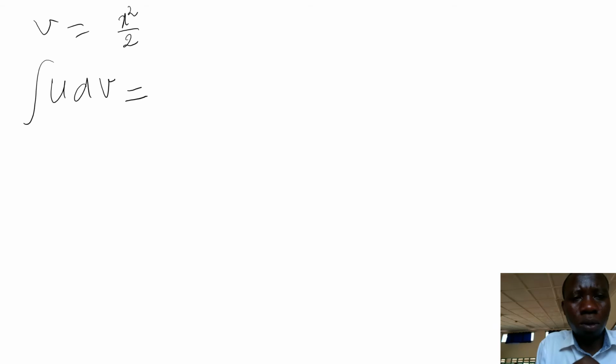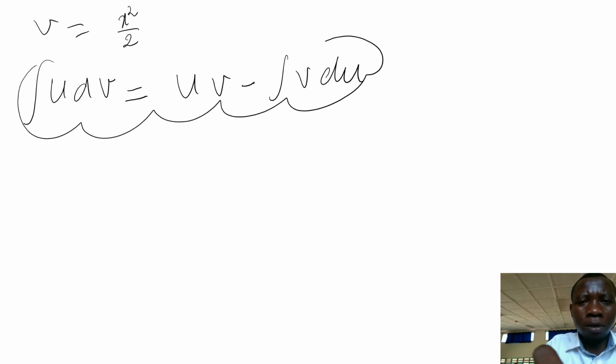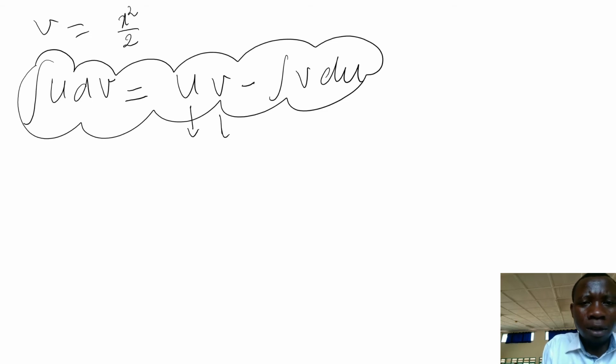So the formula of integration by parts is the integral of u dv is equal to uv minus the integral of v du. This is the formula that we use for integration by parts. So I have u, I have v. So let me replace.